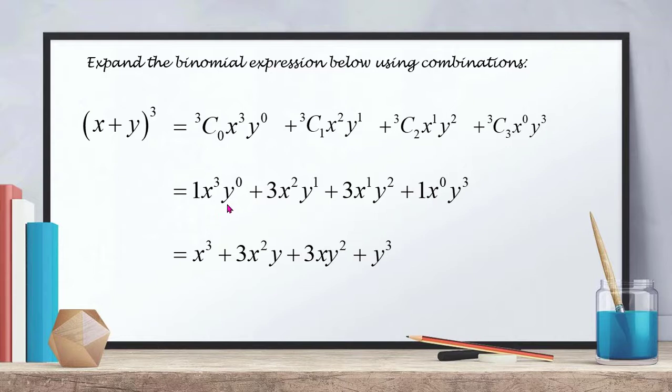According to laws of indices, y raised to the power 0 is 1. So here we have 1 multiplied by 1, multiplied by x cubed, which is just x cubed. Here we have 3 x squared, and y raised to the power 1 can simply be written as y. Again, x raised to the power 1 can be written as x, and y squared there. Here we've got 1. x to the power 0 is 1, so we have 1 multiplied by 1 multiplied by y cubed, which is simply y cubed.